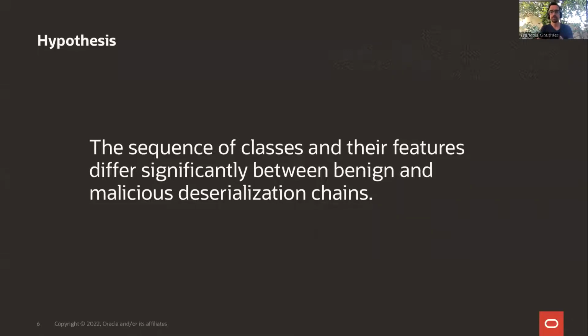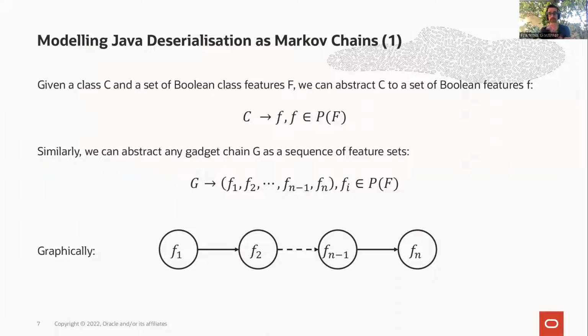So the hypothesis we have in this work is that if we look at the sequence of classes and, more importantly, the sequence of features that these classes have, they will differ significantly between benign and malicious deserialization chains. And that should help us detect attacks at runtime. To verify this hypothesis, we model Java deserialization as Markov chains.